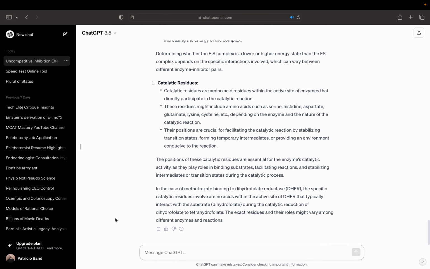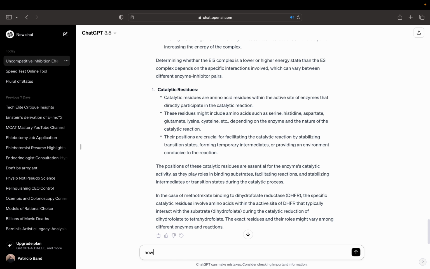But why does a competitive inhibitor increase Km and does not affect the Vmax?